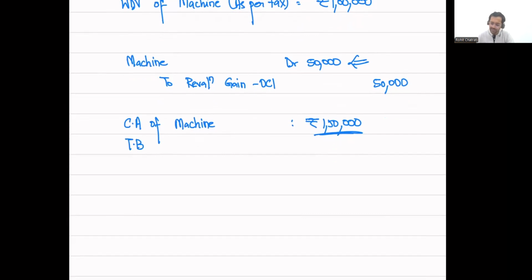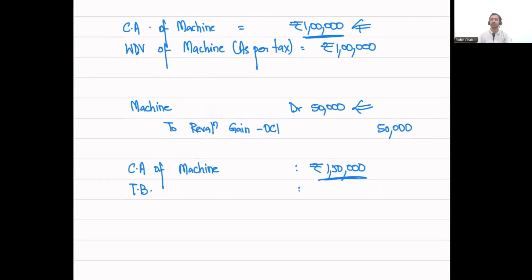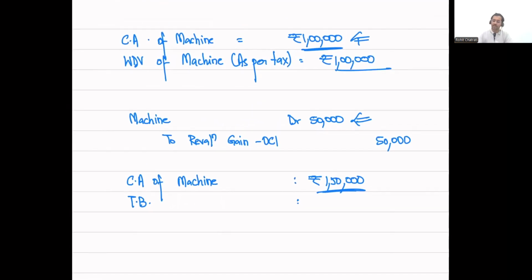The tax base is the amount that will be allowed as a deduction in future for tax purposes. I will continue to get a deduction of only rupees 1 lakh for tax purposes. Just because I revalued it in my books of accounts does not mean I will have a higher deduction for tax purposes. Whatever is the WDV of the machine represents the amount that we will get as a deduction in future in the form of depreciation.